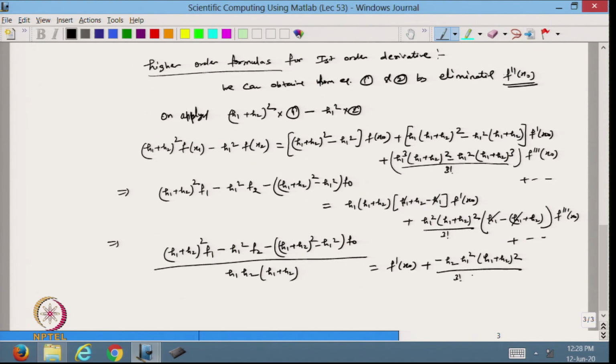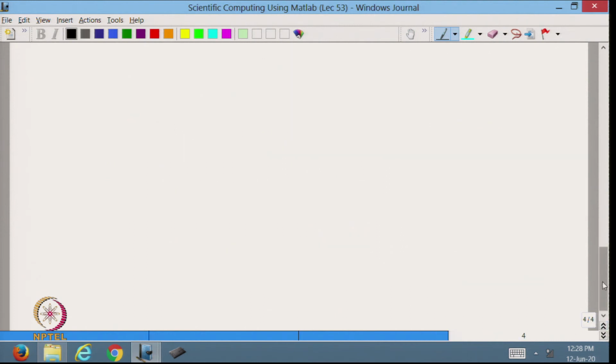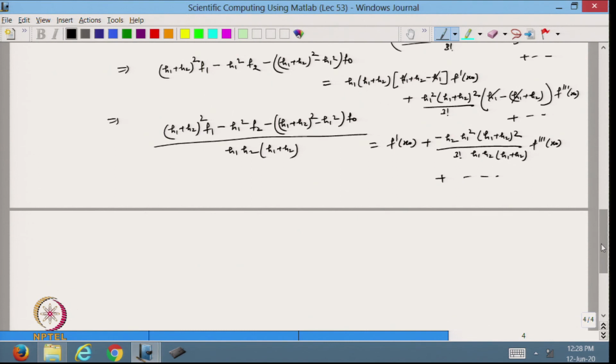So this will be h1 h2 h1 plus h2, and that will be x naught plus all other terms. So all the terms will divide by this factor. Now from here, if you see, this factor will cancel over this one, h2 will cancel out, and this will cancel out with this h.